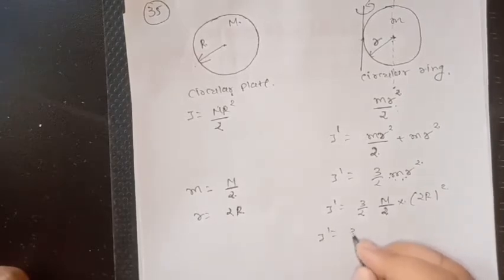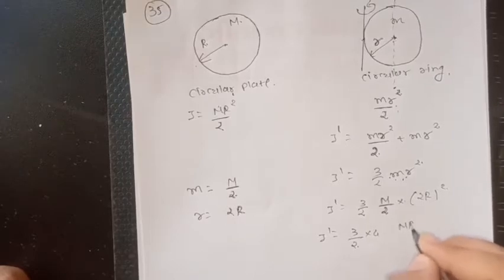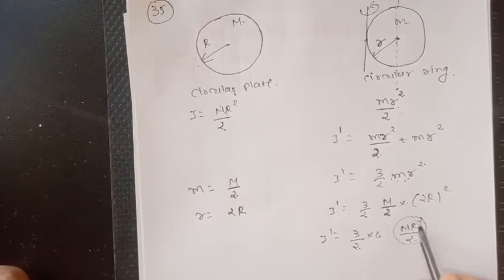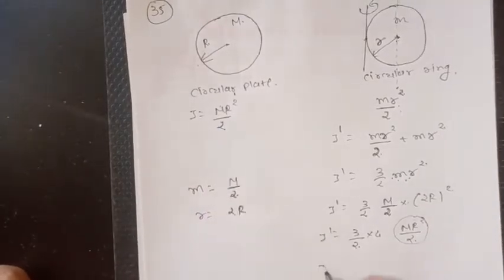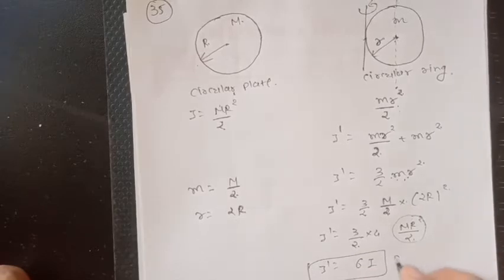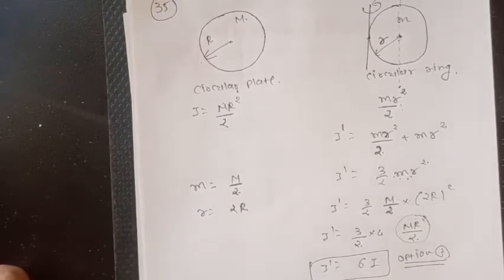So I dash is equals to 3 by 2 into 4 mr square by 2, but mr square by 2 can be written as I. So I dash is equals to 6I. So option 3 is the correct option.